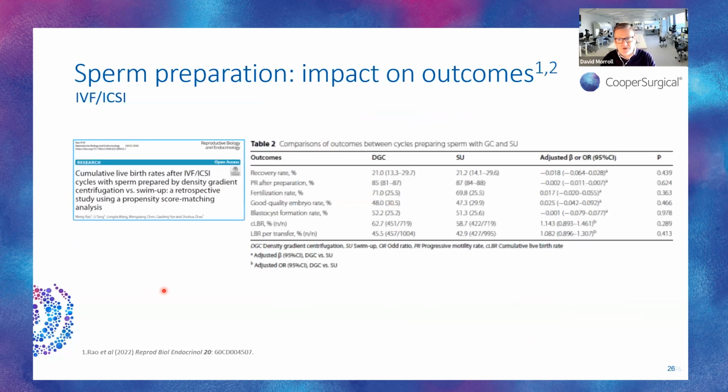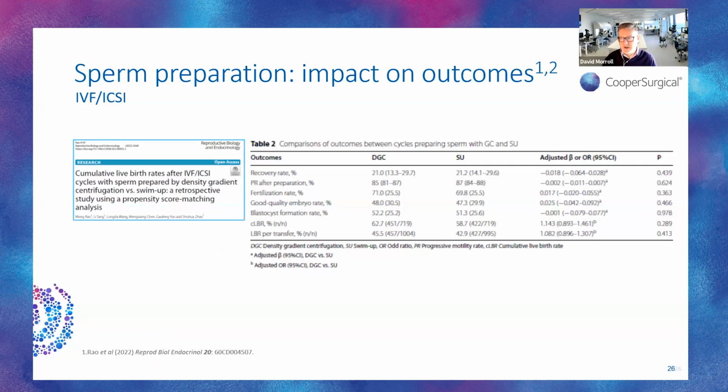Now, perhaps more interestingly, if you look at the IVF and ICSI data, and this is a paper just from last year from Rao and colleagues, where they looked at cumulative live birth rates after IVF and ICSI, again with density gradient and swim up as the two treatment groups. So this was a retrospective study using a propensity score matching analysis.